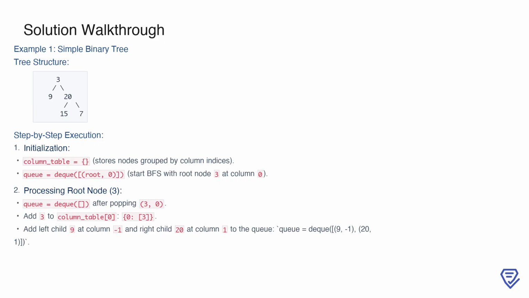After popping 3, 0 from the queue, it becomes empty temporarily. We add the value 3 to column_table 0, so the table now looks like 0, 3. Next, we add the left child 9 at column -1 and the right child 20 at column 1 to the queue. At this point, the queue contains 9, -1, 20, 1, and we are ready to process the subsequent nodes.